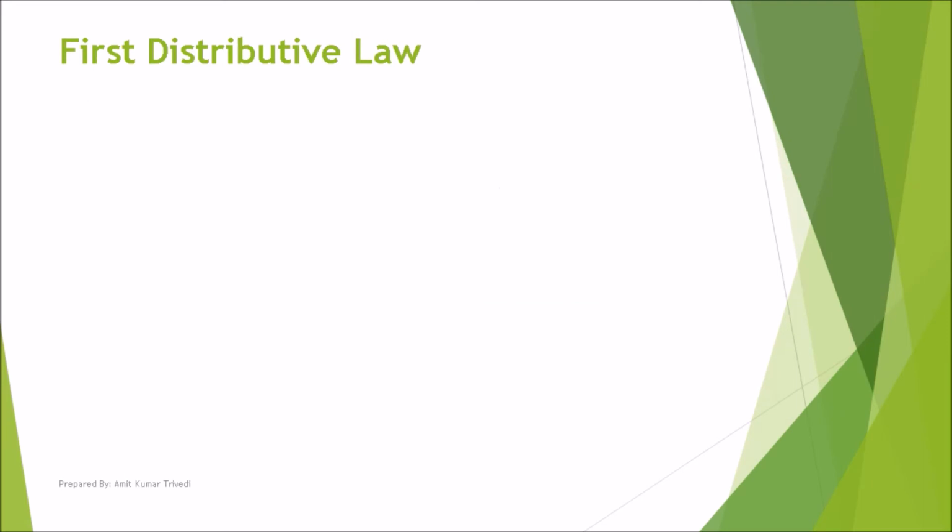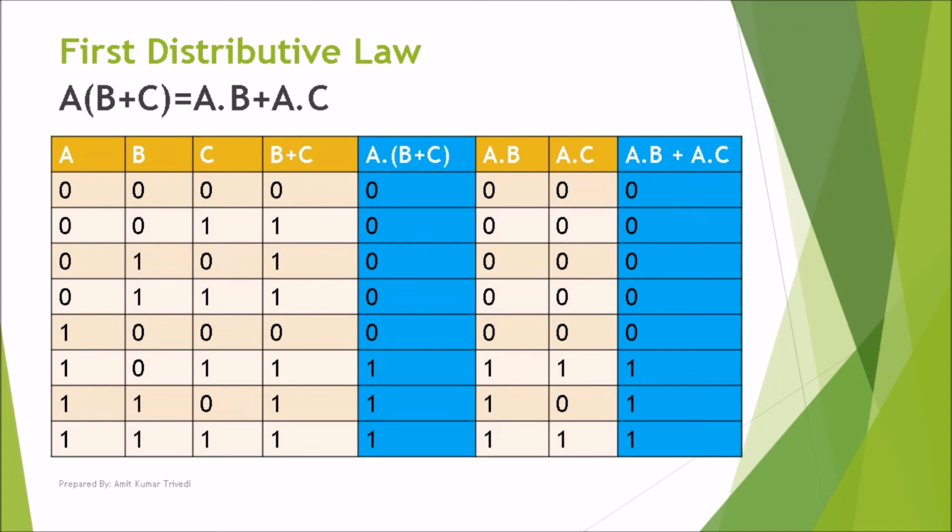Then we talk about distributive laws. So we'll see the first distributive law, that is a dot (b plus c) can be written as a dot b plus a dot c. When we see the truth table, you can observe the fifth column and the last column are identical.